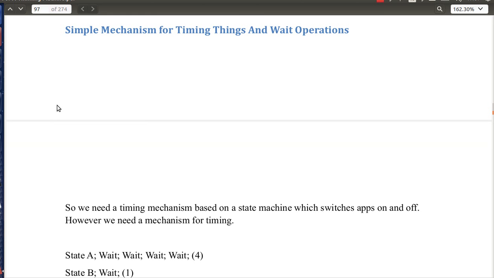Now, one of the more interesting things that needs to be figured out, and it's a really pretty crucial part of the architecture, is timing. The idea is that an app has to be switched on and off when it's within a certain state.